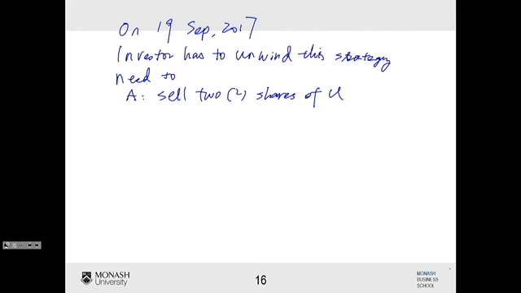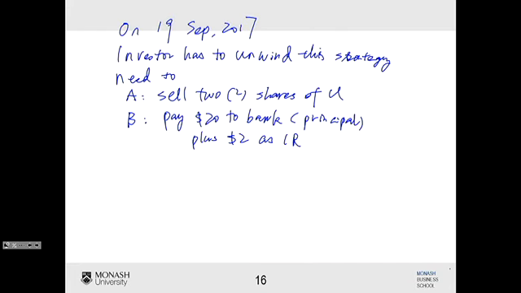B, pay $20 to the bank. This is the principal. In addition to what? The interest. How much is the interest? $2. You borrow 20, so plus $2 as IR, the interest rate payment.